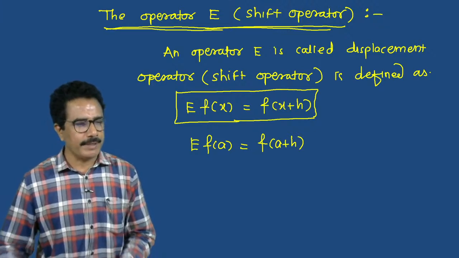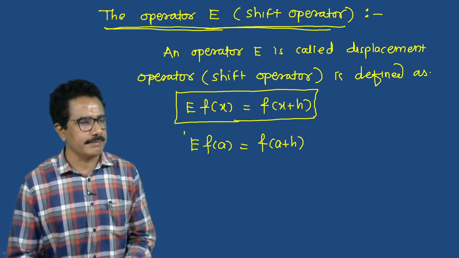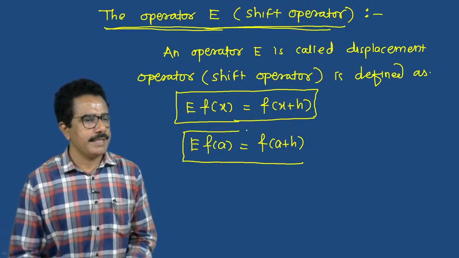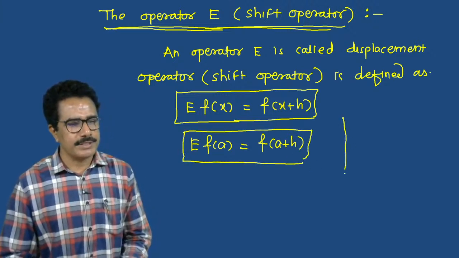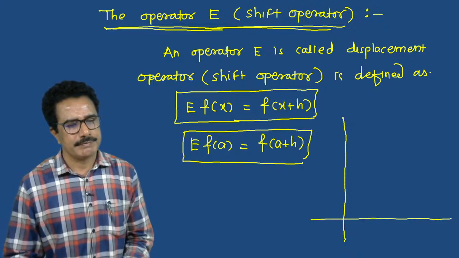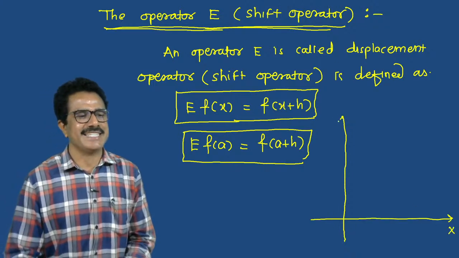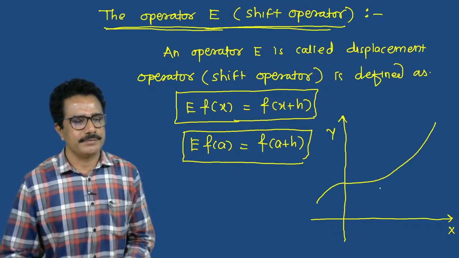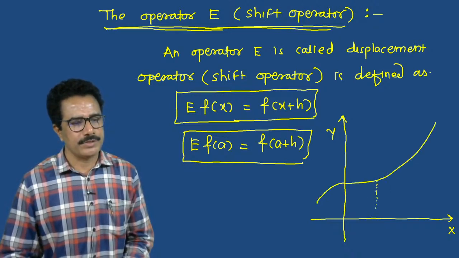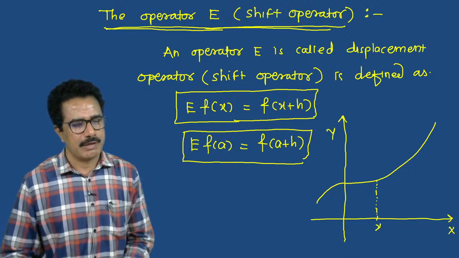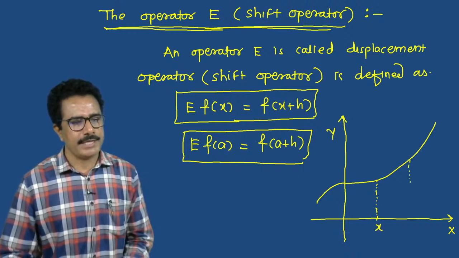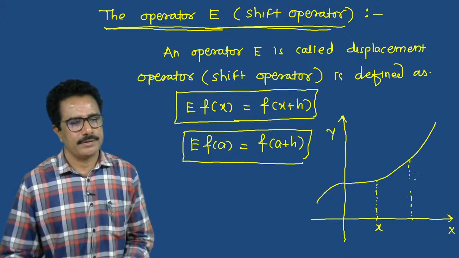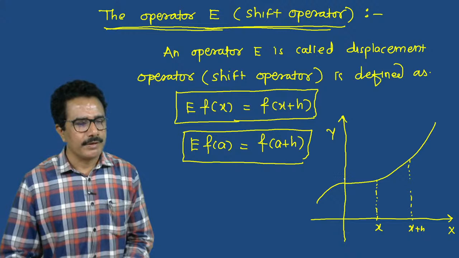समजलं का रे? शिफ्ट ऑपरेटर, दिस इज द शिफ्ट ऑपरेटर. Means here, suppose this is a given function. Suppose this is x-axis, this is a y-axis, and we consider the function. Here is suppose x. Suppose this is x plus h. This value is denoted by f of x.